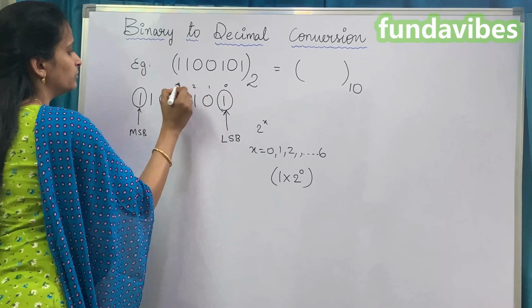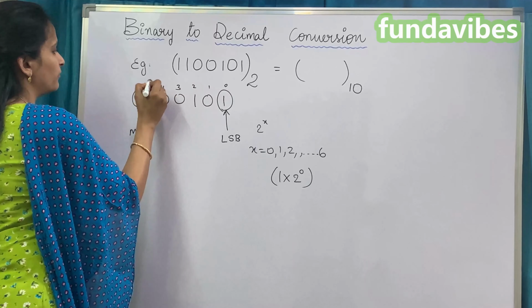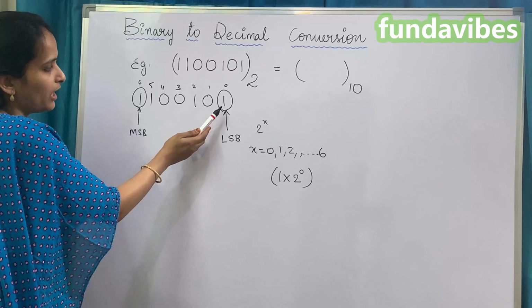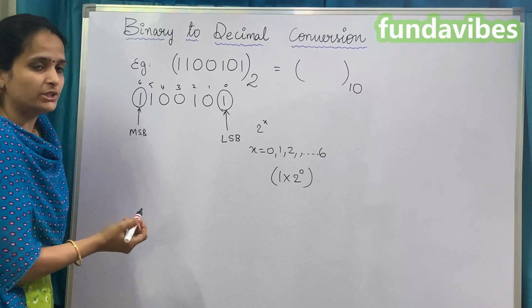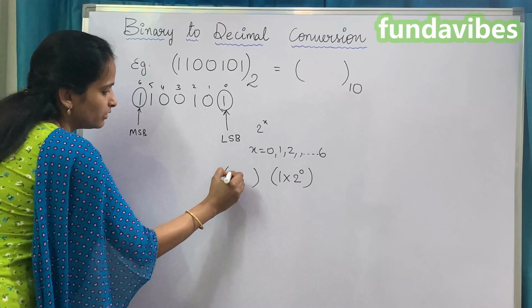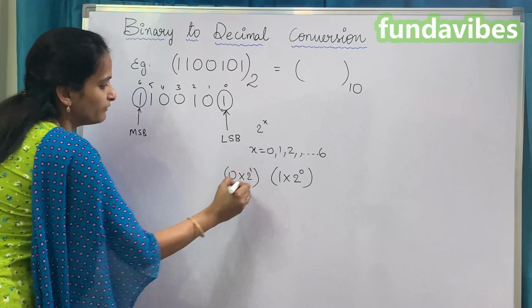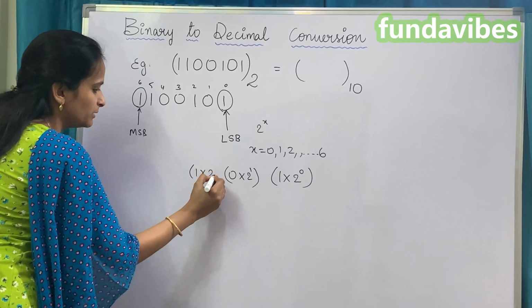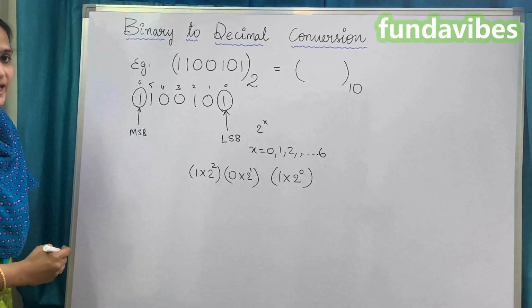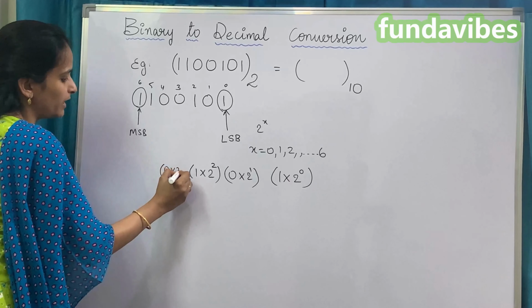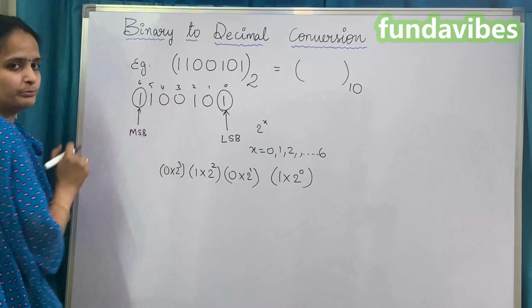So the first bit is 1 and 1 is multiplied with 2 power 0. And the second bit is 0. 0 is multiplied with 2 power 1. And the third bit is 1. 1 is multiplied with 2 square. And the fourth bit is 0. 0 is multiplied with 2 cube.